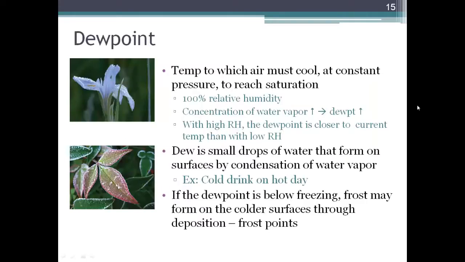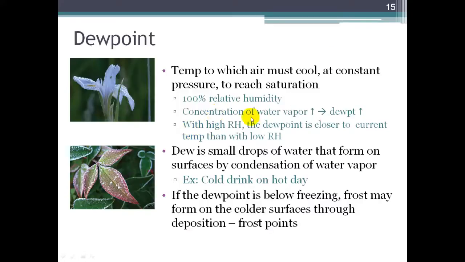So dew point, again, is the temperature to which air must cool in order to reach saturation. Once saturation has occurred, you have 100% relative humidity. The air is as humid as it possibly can be. At the saturation point, water vapor begins to condense out of the atmosphere.